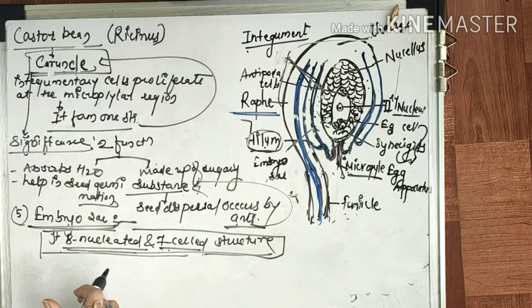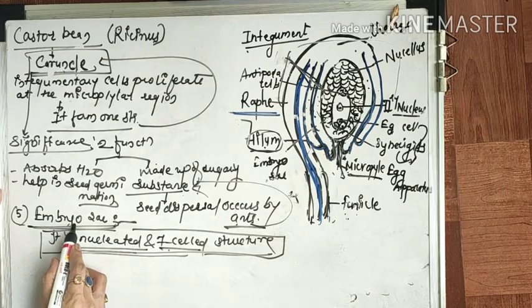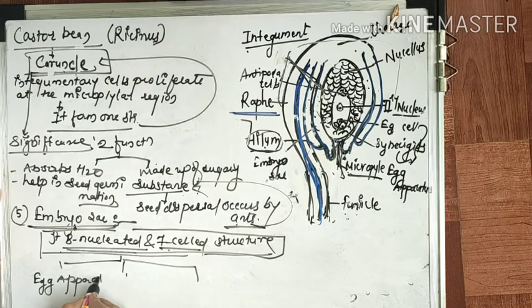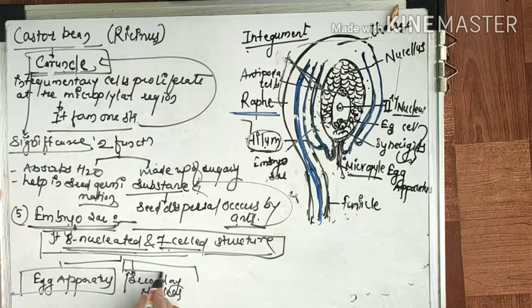I am telling you what exactly it is. The embryo sac consists of 3 parts. First is called the egg apparatus, second is called the secondary nucleus, and the last, third part is called the antipodal cells.